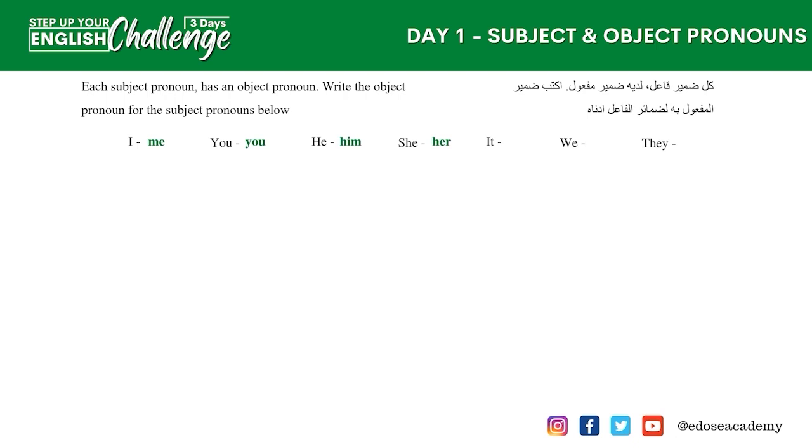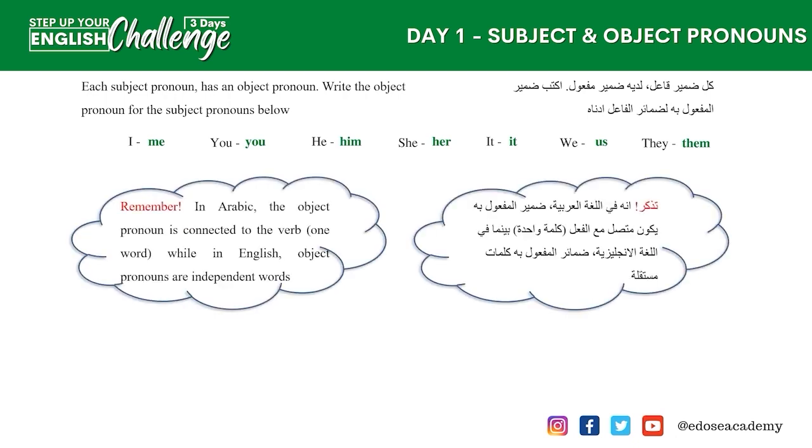She is her. It is it, same. We is us. And they is them. Now remember, in Arabic, the object pronoun is connected to the verb, while in English, object pronouns are independent words.